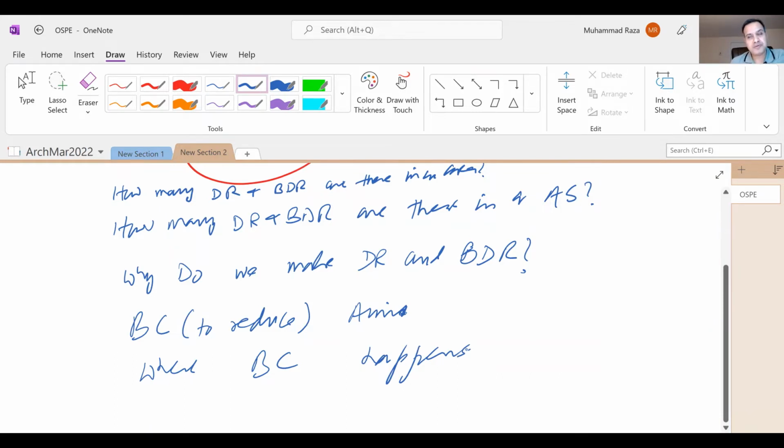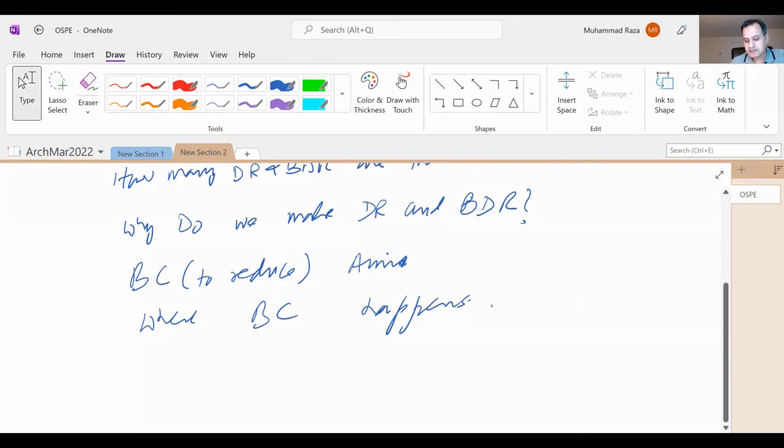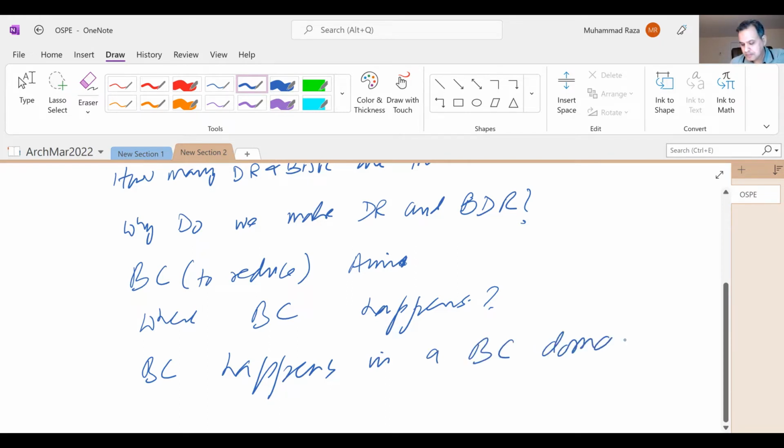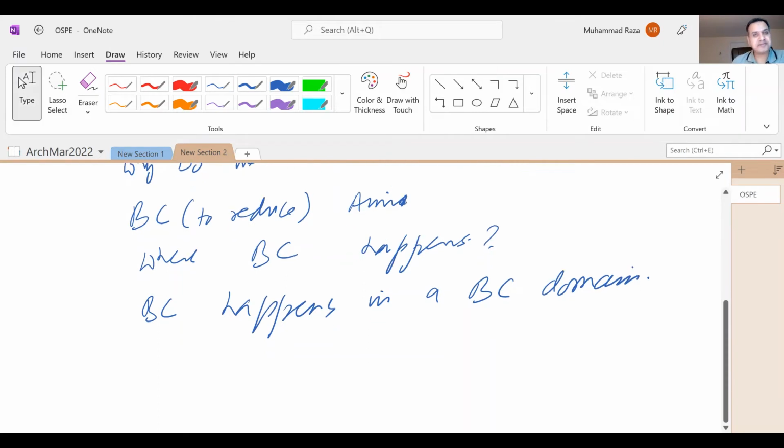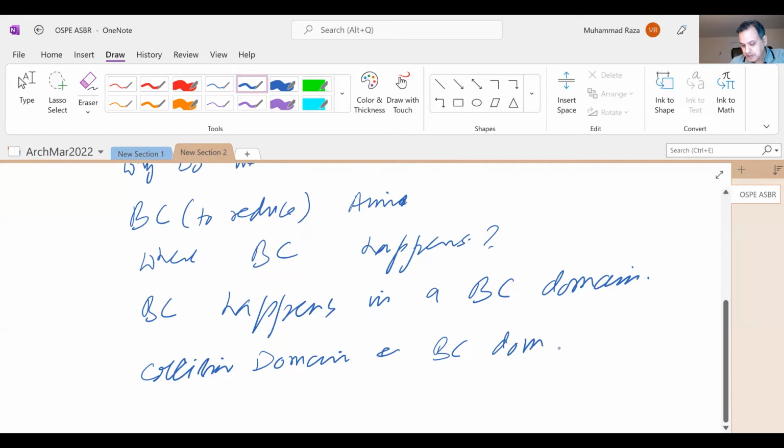Then I will go to further basics. I would say, oh, broadcast happens in a broadcast domain. Then I'd ask, do I know the difference between a collision domain and a broadcast domain?